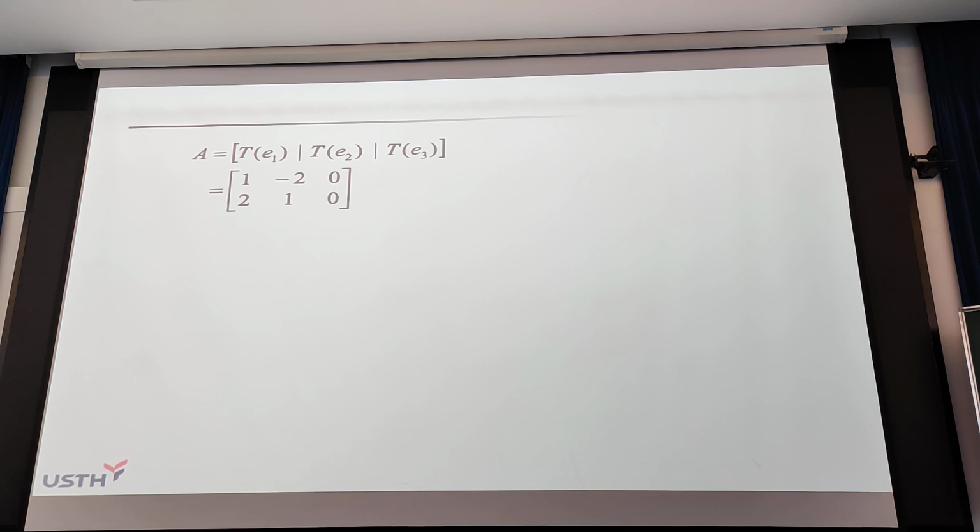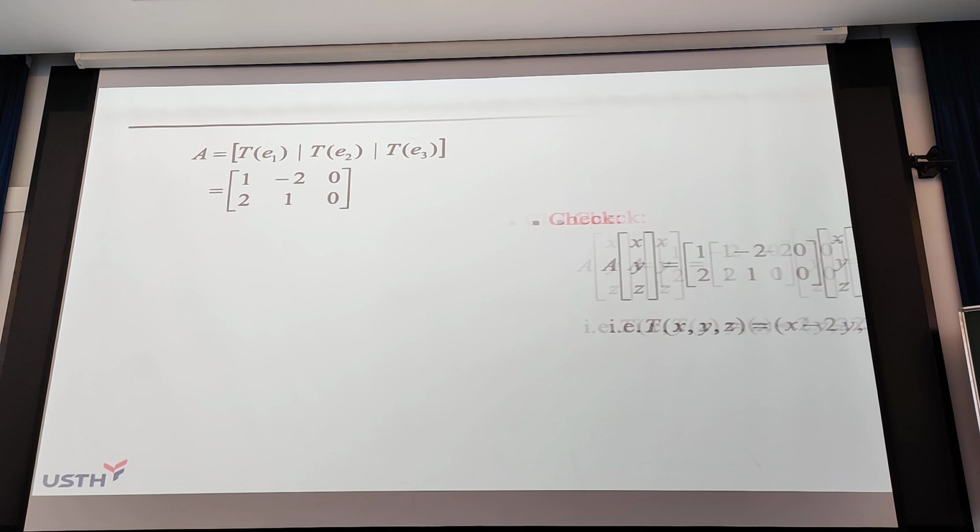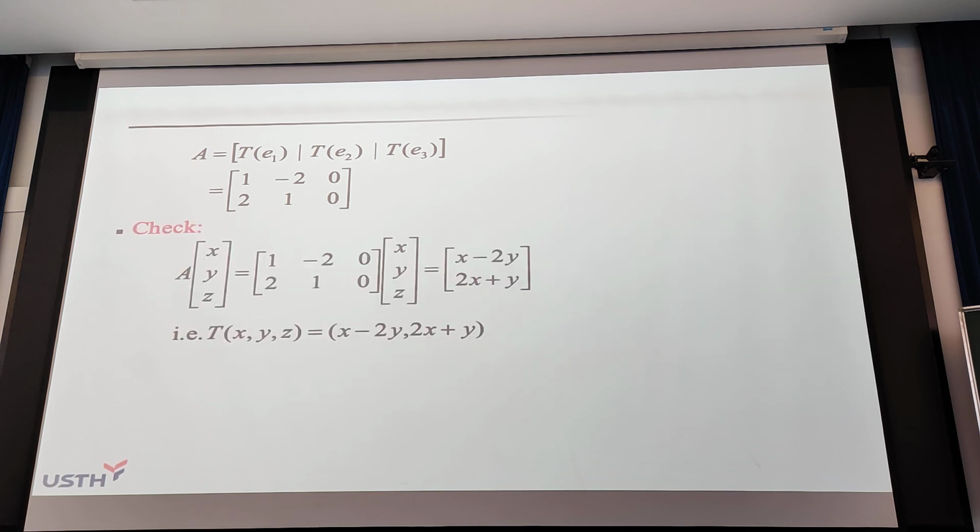For a simple example, it is very easy to find the standard matrix. You can verify now: if you multiply A by any vector with coordinates x, y, z, you will get that one. And it is exactly the formula in the previous slide.